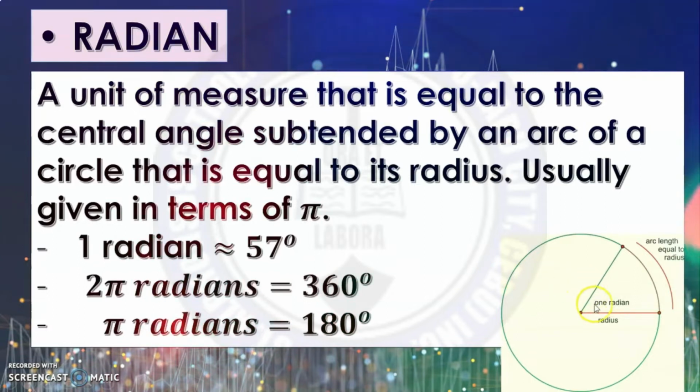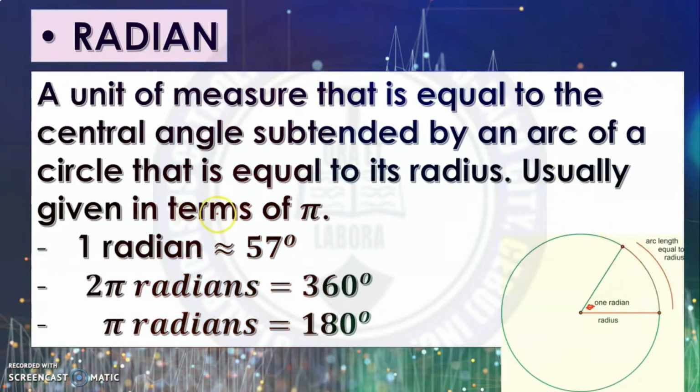Radian is here. So this is the measure of the central angle. If this is the angle here, the radian is equivalent to the radius. So the length of this radius is equal to the length of this arc. Okay, so that is the meaning of the radian.